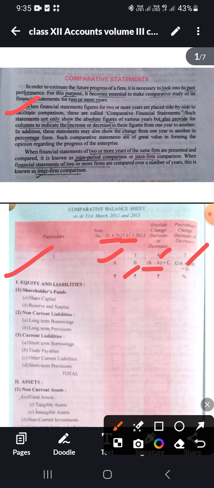Then in the fifth column you have to generate D, but how is it calculated? C, which you have calculated, divided by A into 100, because it is a percentage column.